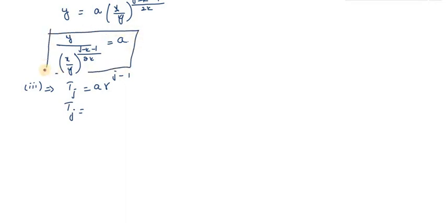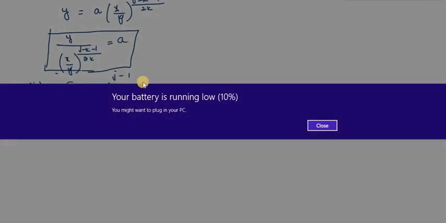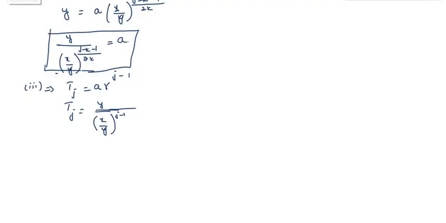By putting it in equation 3, y upon x upon y to the power j minus k minus 1 upon 2k.